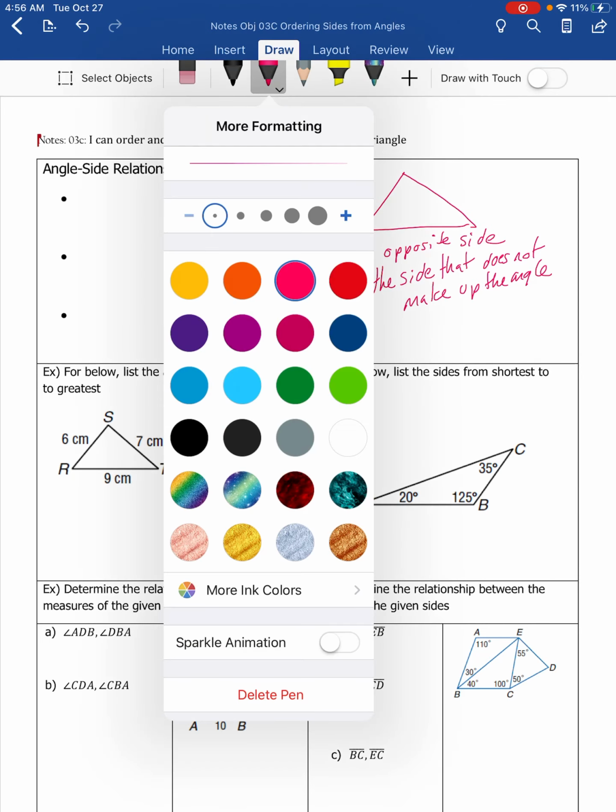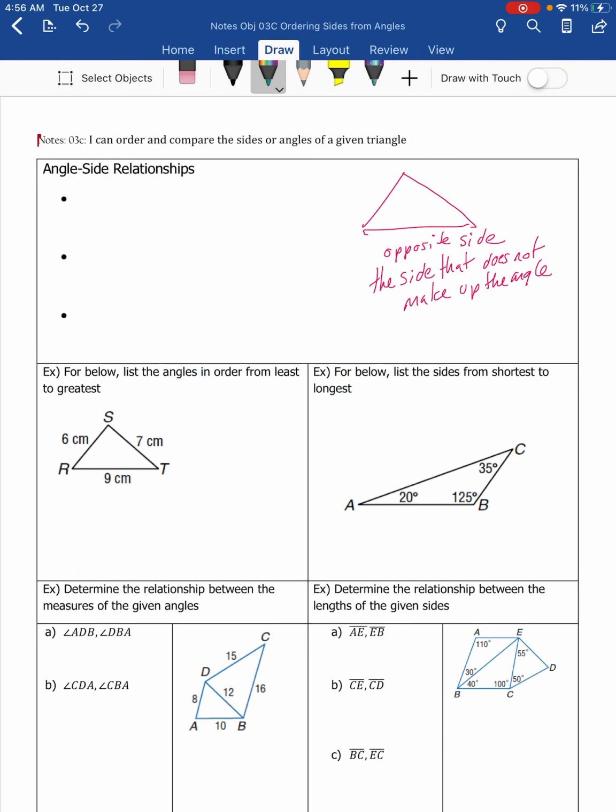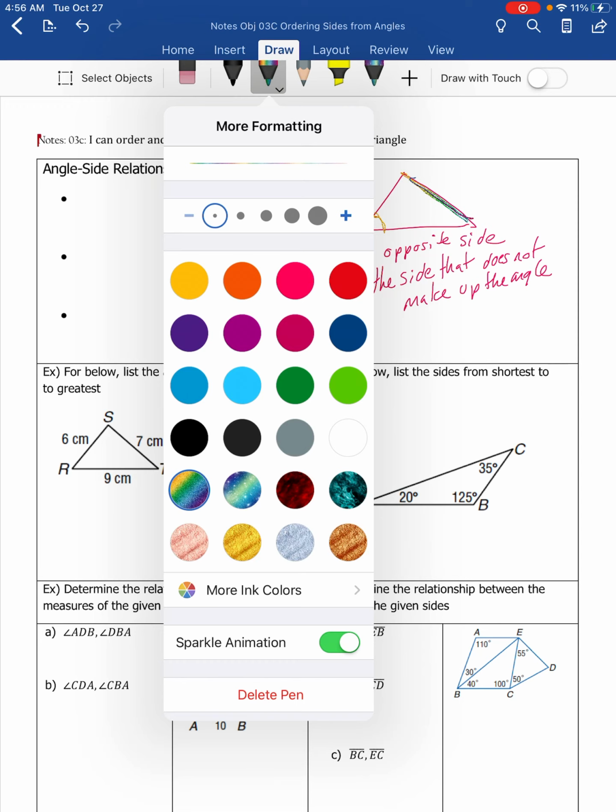And this is going to come into play a little bit later in the year. If I'm talking about this angle, this is going to be the opposite side for this angle.